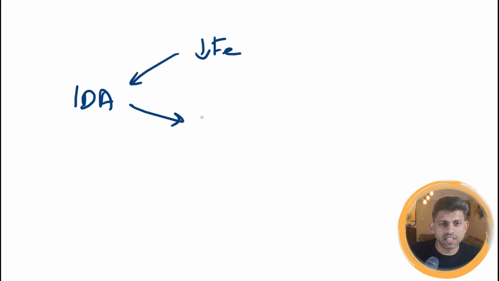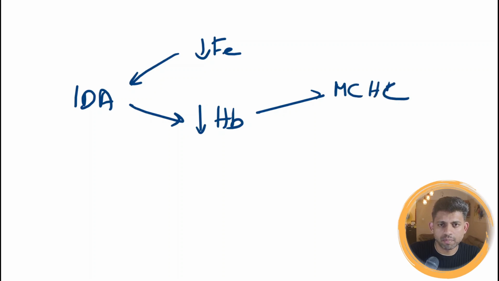So we learned that iron deficiency anemia is caused due to reduced iron in the body, which leads to reduced hemoglobin synthesis, because of which we get microcytic hypochromic anemia and reduced ferritin levels in the body.